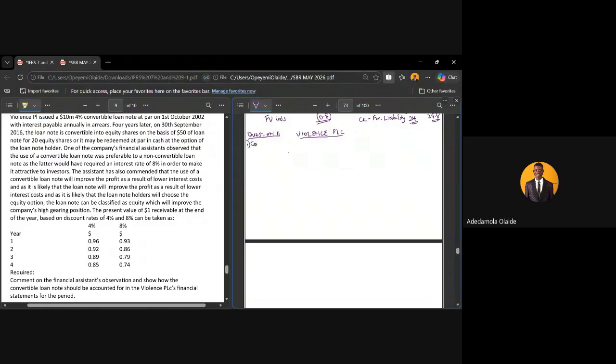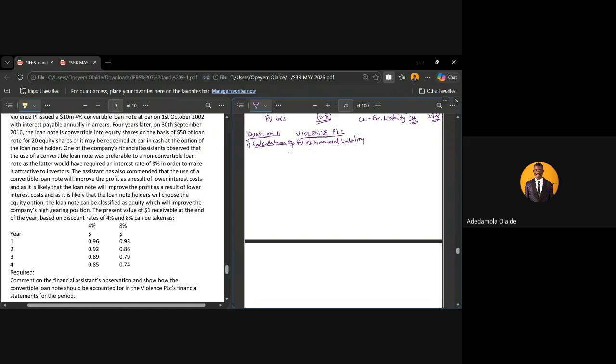So we have one calculation, calculation is more appropriate: calculation of the present value of the financial liability in that transaction.